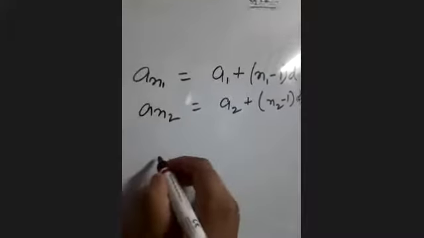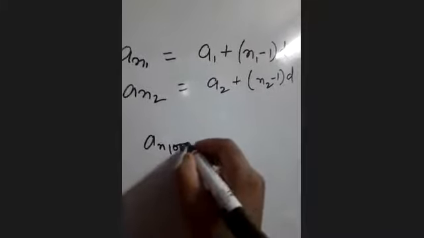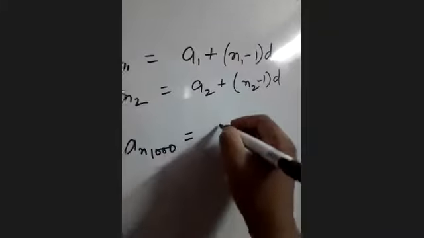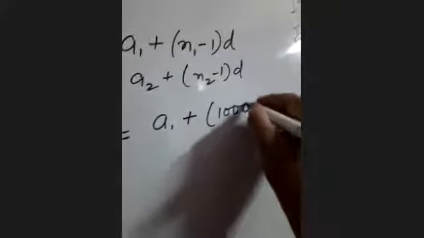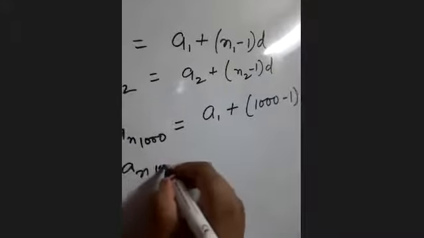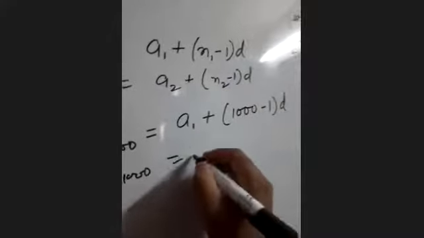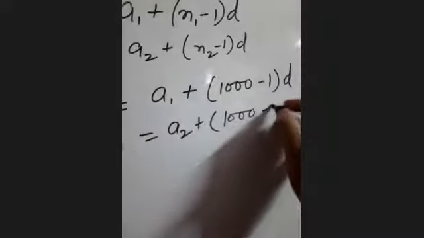So a_1000 equals a1 plus (1000 minus 1) into d, and a_1000 equals a2 plus (1000 minus 1) into d.